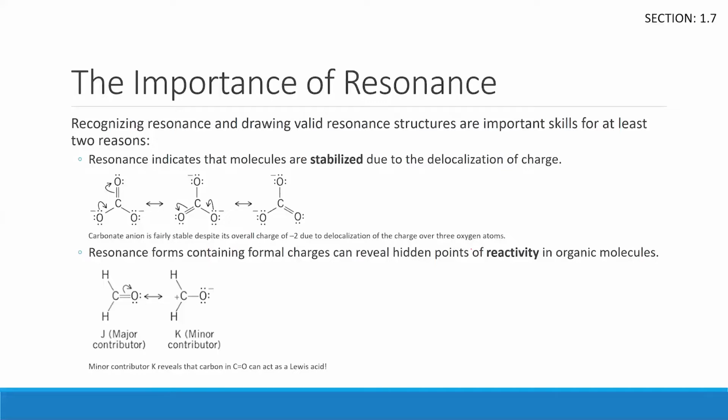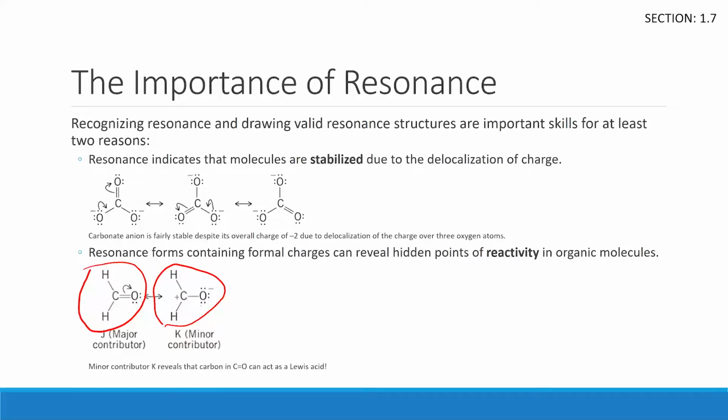So here is a resonance structure, the major contributor right here. This is going to be the main form that this molecule is in, but it can have resonance and form this minor contributor. And when you look at the minor contributor, you can see where some charge lives, where the electrons move between.